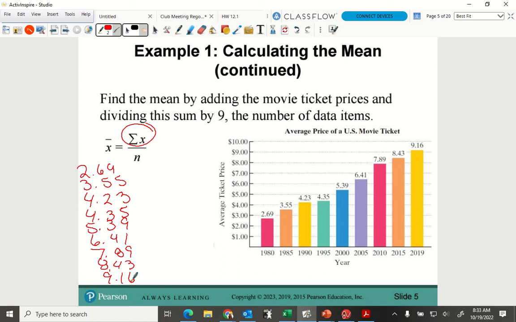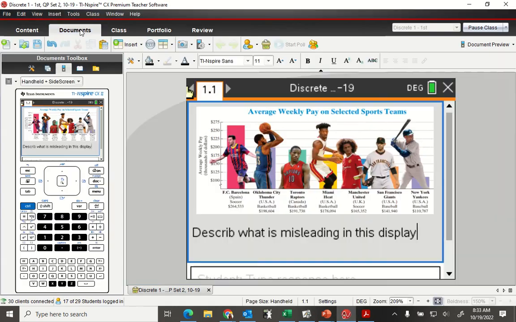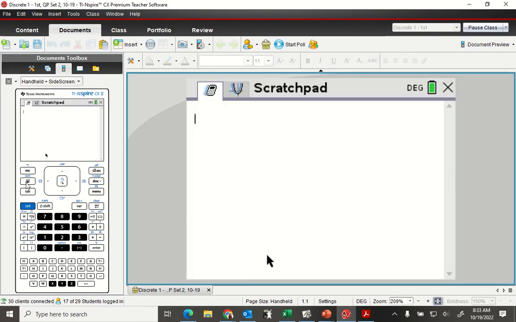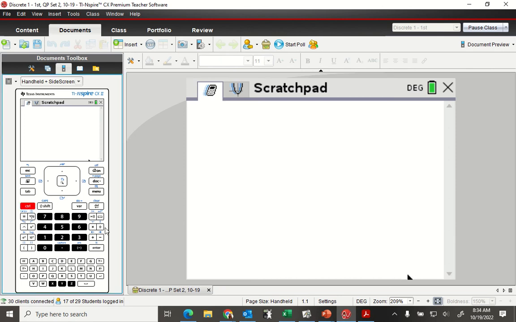So I'm going to start by using my calculator on this one. And I'm going to set it up just like I see it right here. Let's go Scratchpad. And I'm going to set it up as a fraction. So Control, divide.